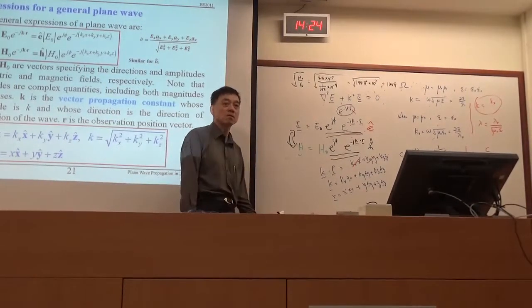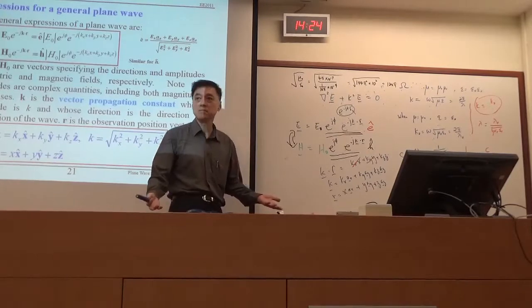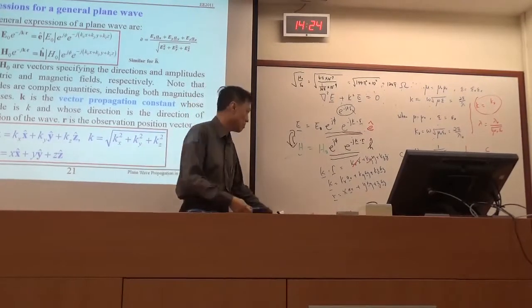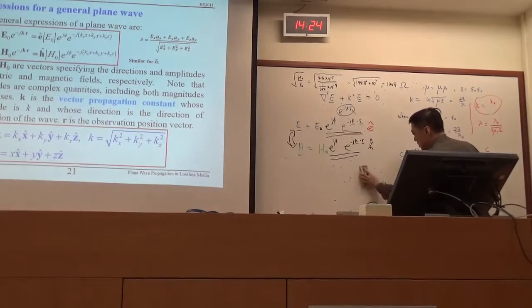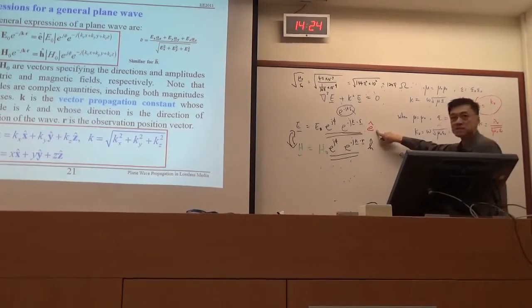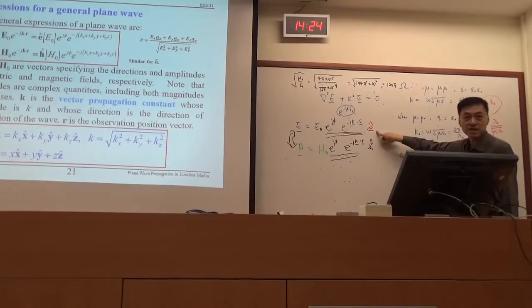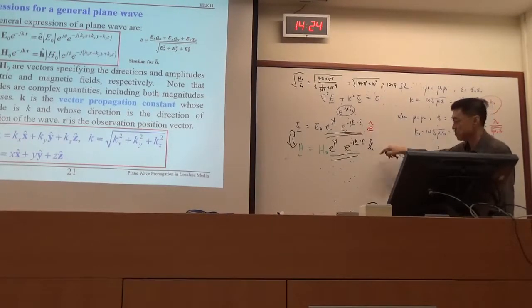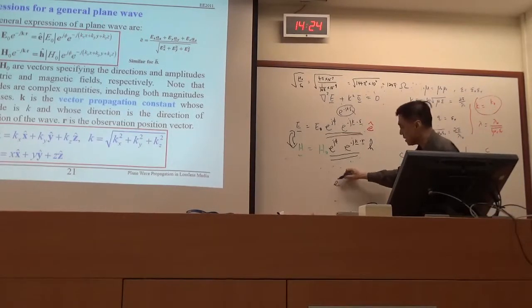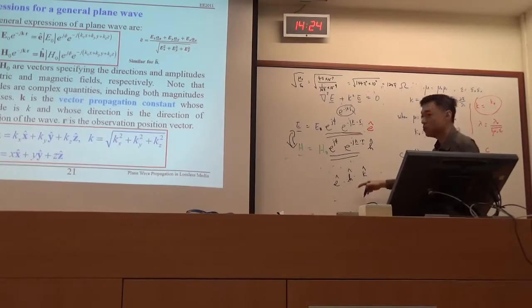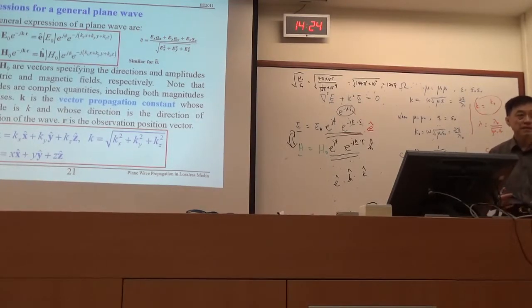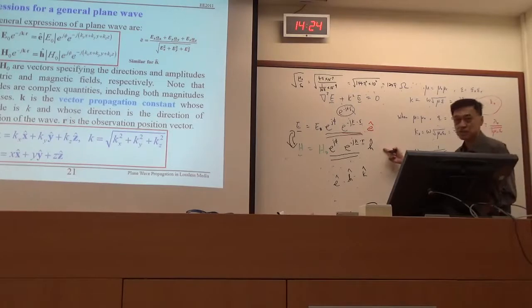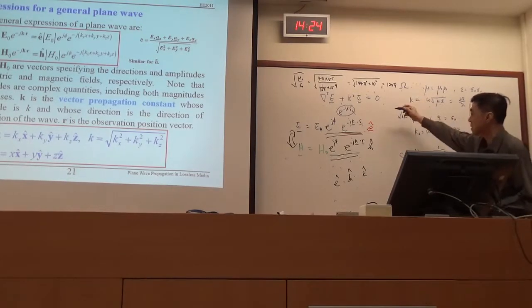Now, the rest the same. So now your E, this is a unit vector, E polarization unit vector, H polarization vector. E, H, and K will again form a right-hand coordinate system. Same thing. So this one does not change. And all this does not change.